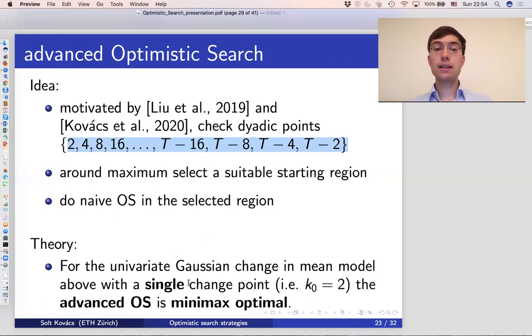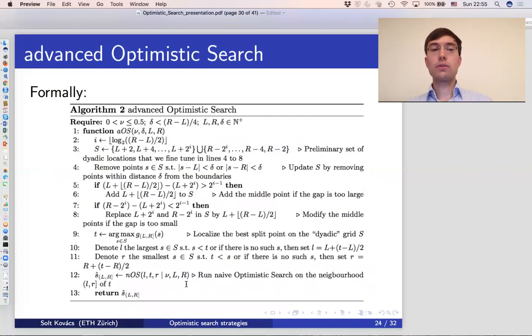So what is surprising is that even though we only do a logarithmic number of fits, as opposed to the full grid search, which needs T fits, we are also minimax optimal. So essentially, asymptotically, we lose nothing compared to full grid search, which goes through all the T points, even though we only do a logarithmic number. Okay, so here it is formally.